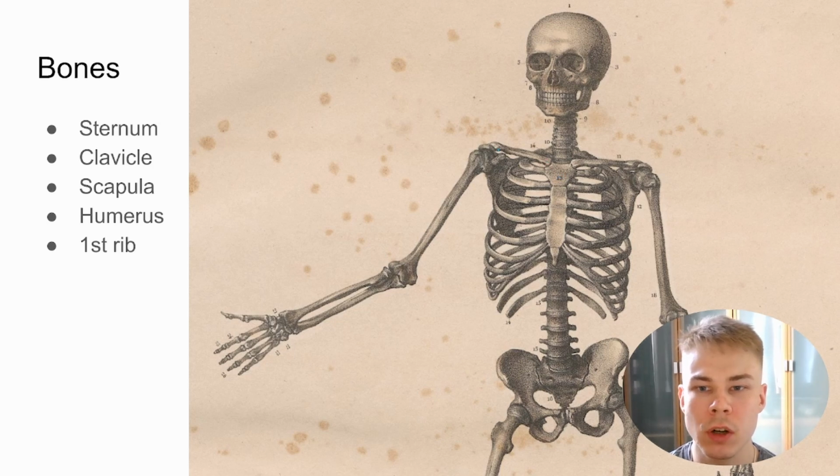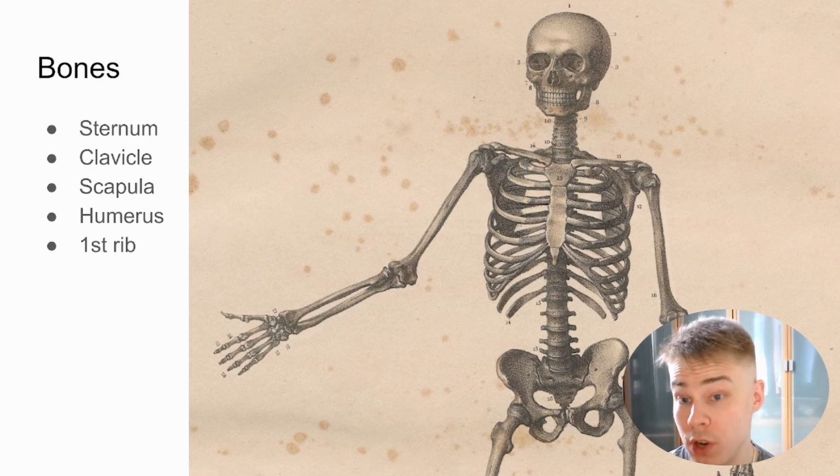The clavicle here, the S-shaped bone. The scapula, this irregularly shaped bone, also known as the wing bone. The humerus, the long bone of the arm, where arm is this bit and forearm is this bit. And the first rib, and we'll come on to why.